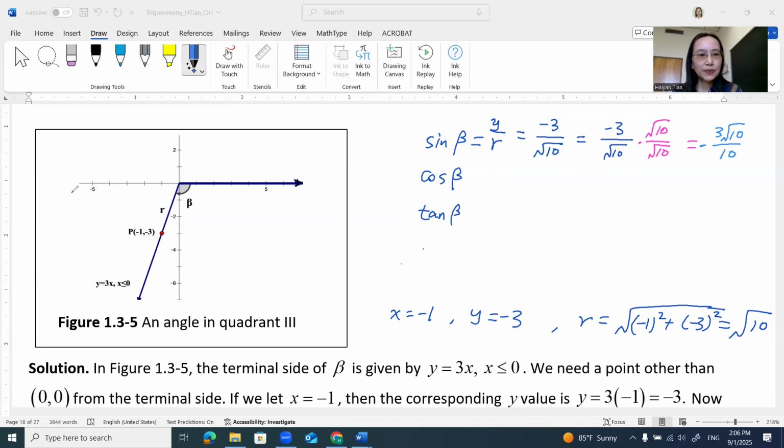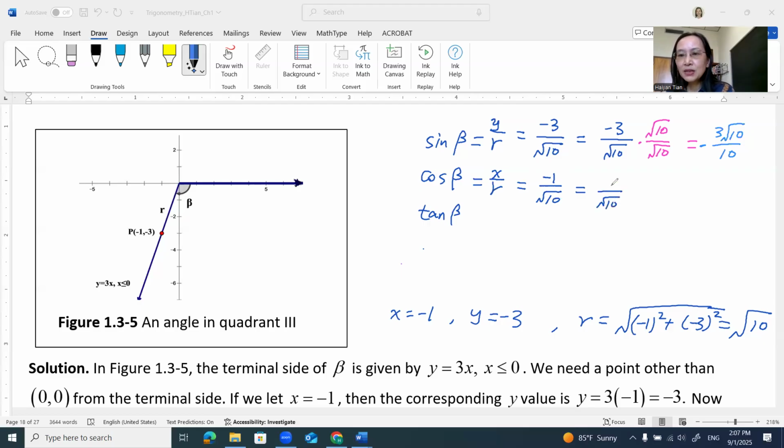Now cosine value. So cosine value is x over r. X, we know it's -1. R is square root of 10. Same reason, we don't like the irrational number in the denominator, so we rationalize it.